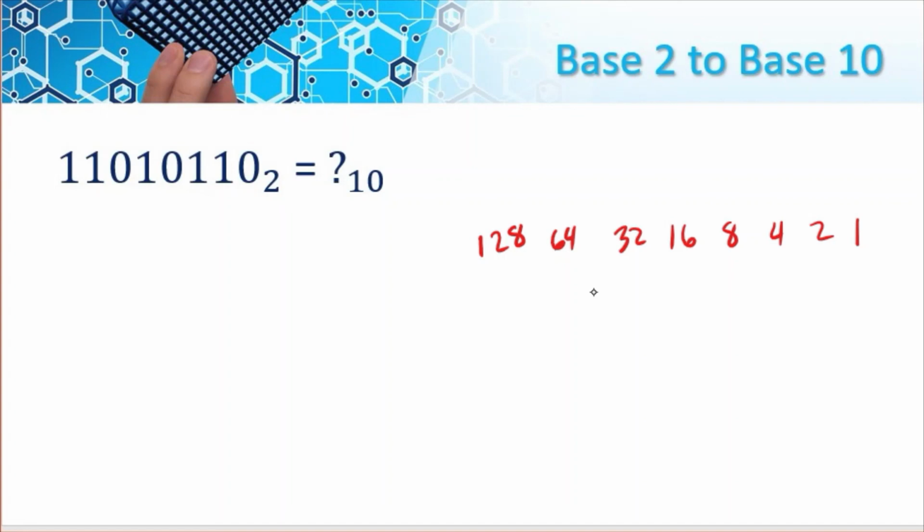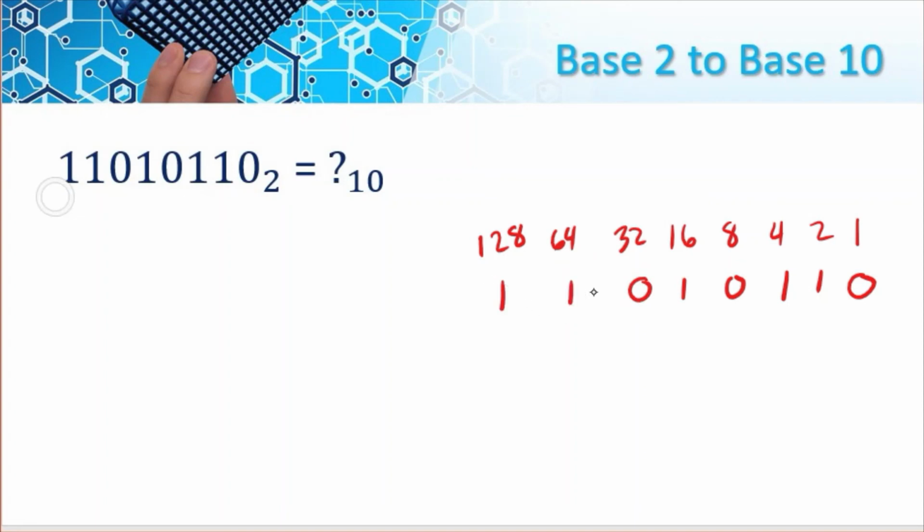Next, now that we have this guide, we write the binary from left to right. We place it one by one: here the 0, then 1, 1, then next the 0, 1, 0, 1, 1.